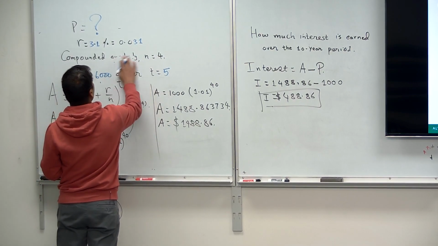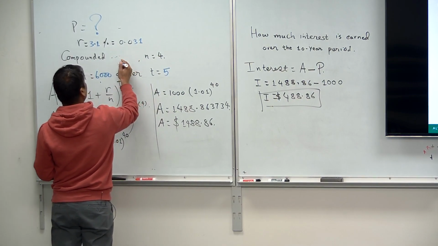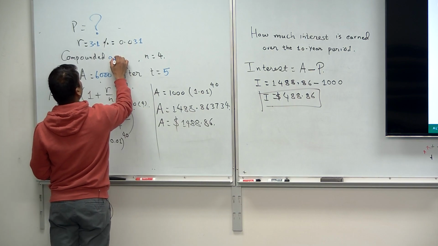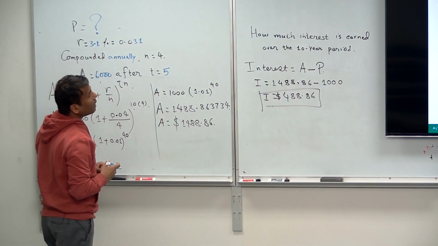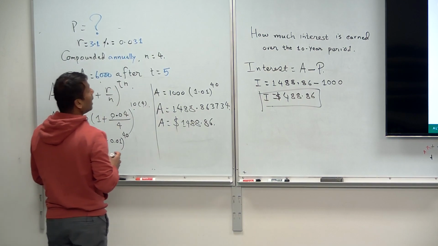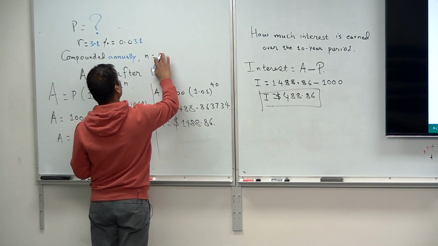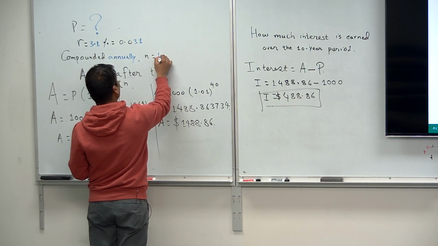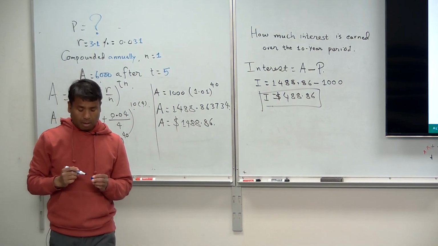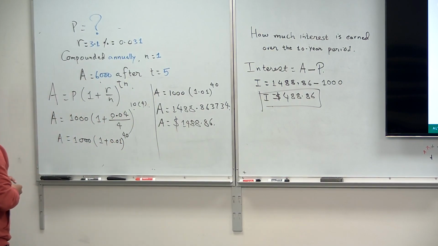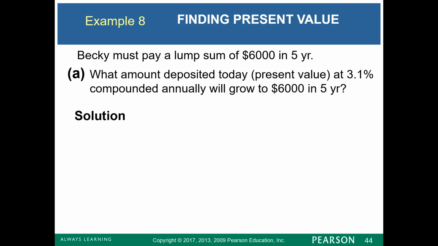So compounded annually, what will be the value of N? It will be 1. Compounded annually means the value of N is 1. Just plug it into the formula, guys, and get the value of P.